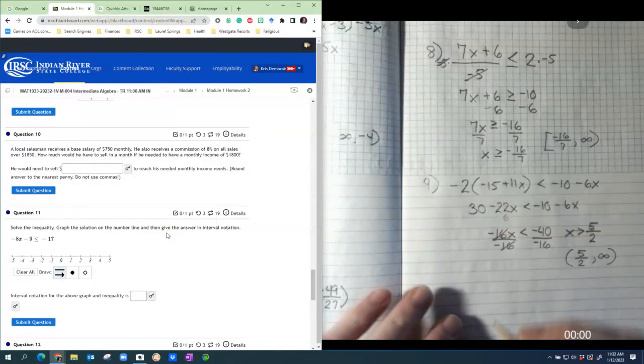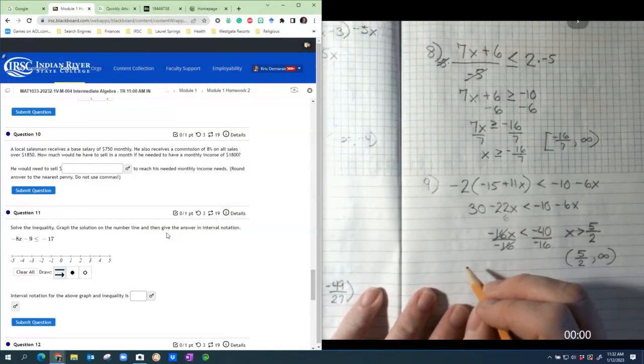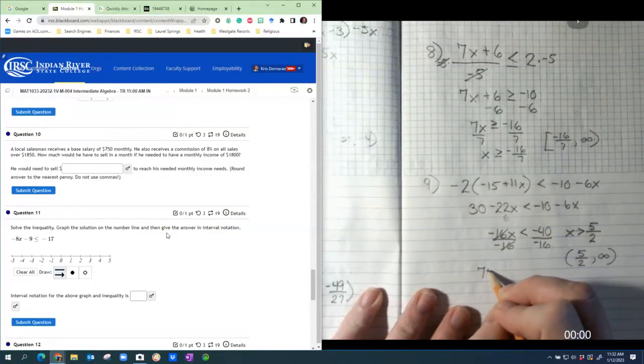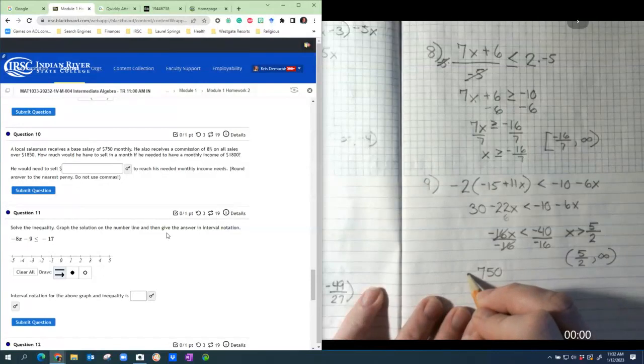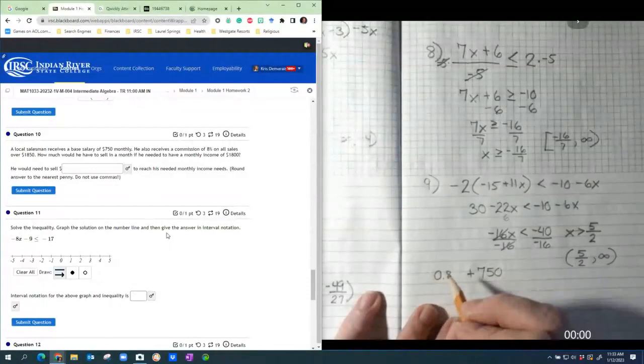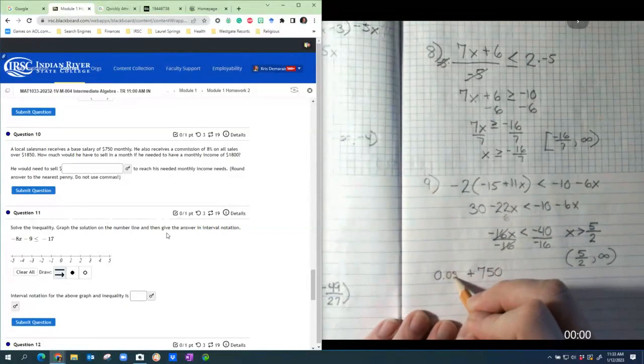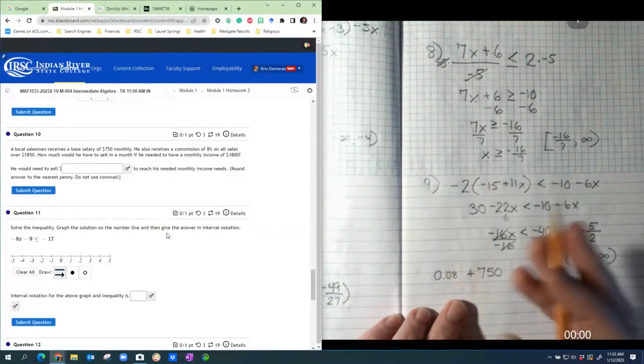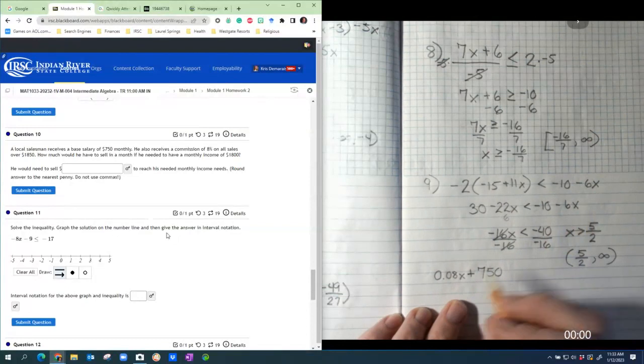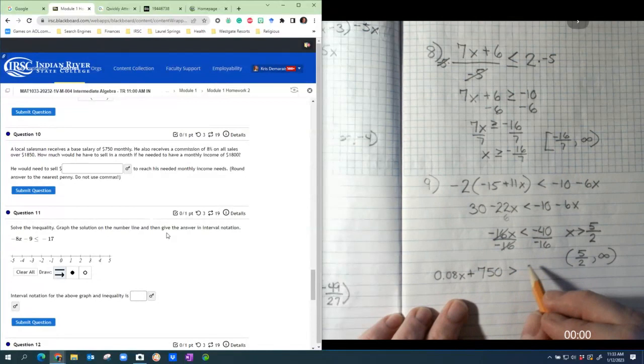All right, so let's go ahead. It says that his base salary, the local salesman, is $750. Now he gets 8%, so it's 0.08, not 80%, of his commission, which we don't know what it is, or what the sales amount is. Oh, wait a second.